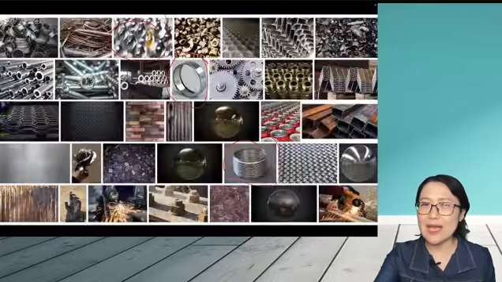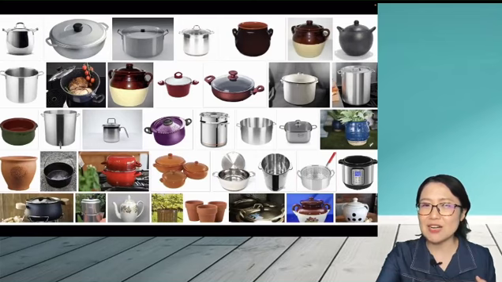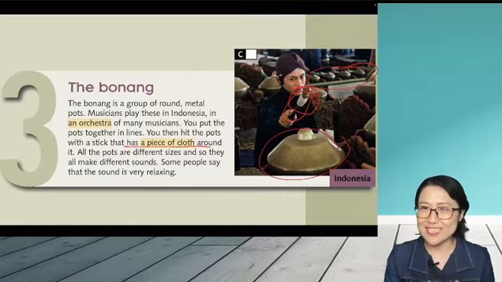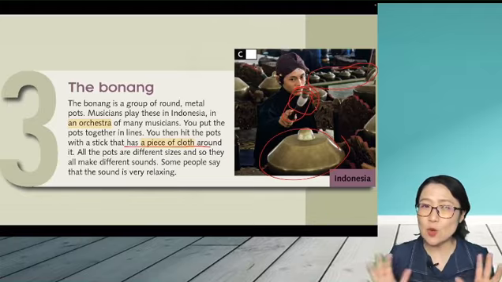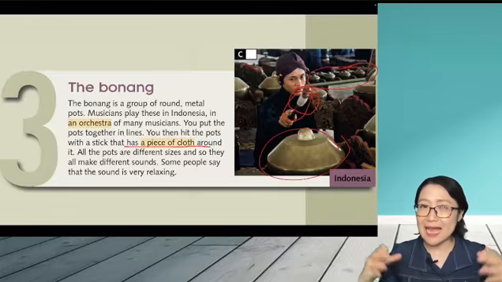All the pots are different sizes, so you see, the pots 就是那些锅呀。Like this, these are the pots, right? 那在这一篇文章里呢，只不过就是这个乐器长得特别像锅，所以我们也就直接叫它 pots. 但是 pots 实际上就是指锅。那这些锅呢 are different sizes. Size, that means like 大小, right?